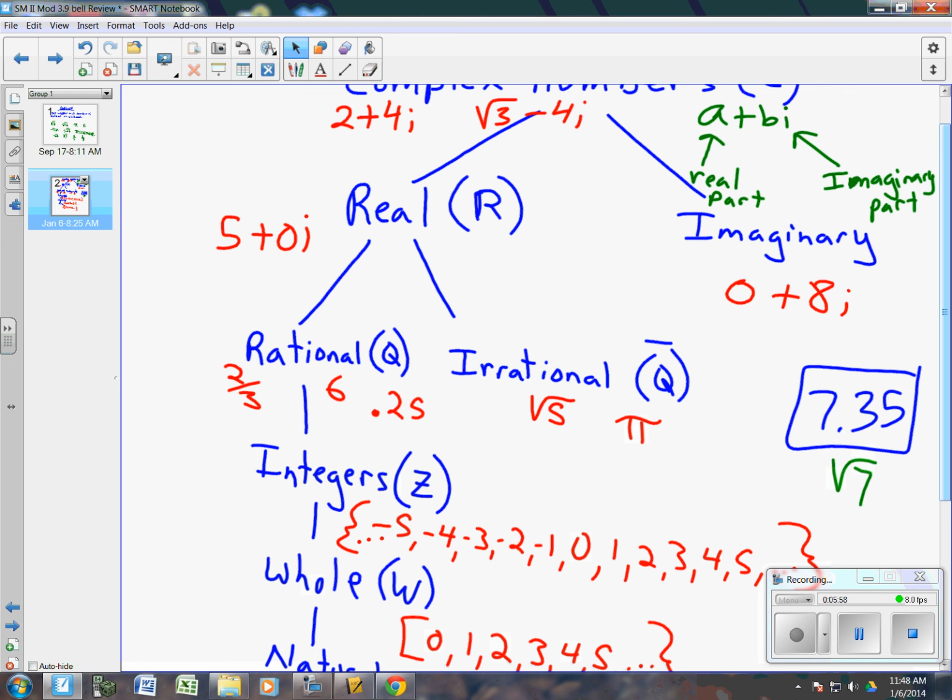C, R, and Q with the line over the top, right? Irrational. Irrational numbers are still real numbers. What if I gave you i square root of 2?